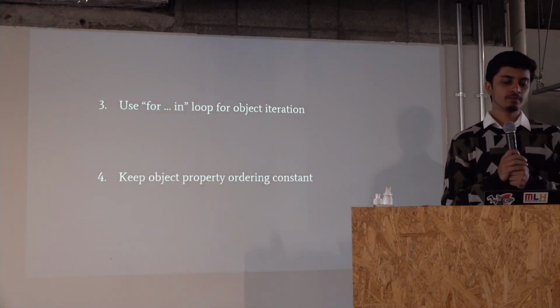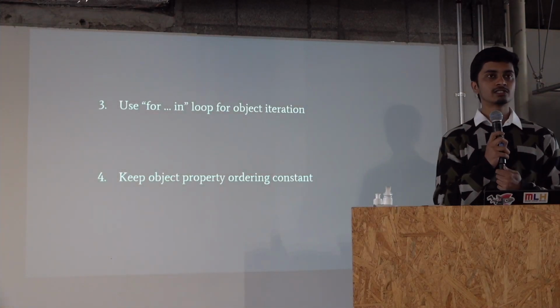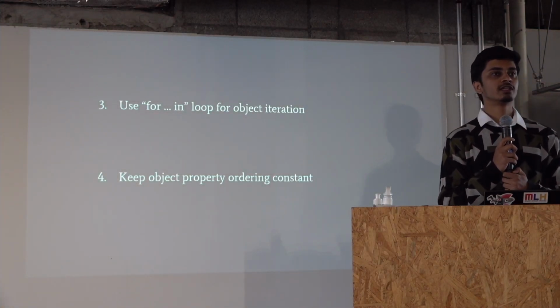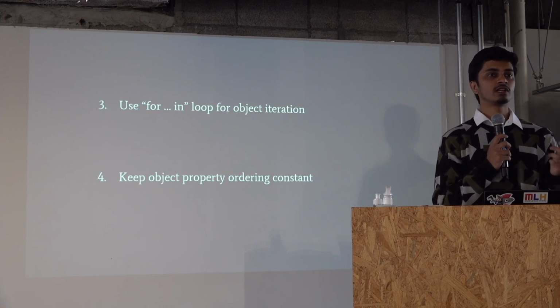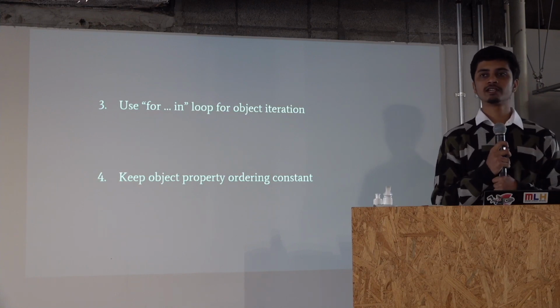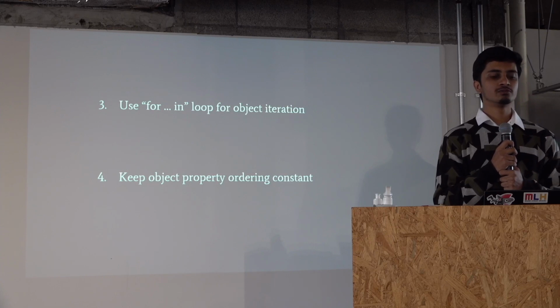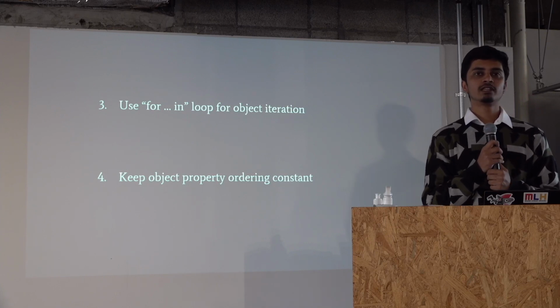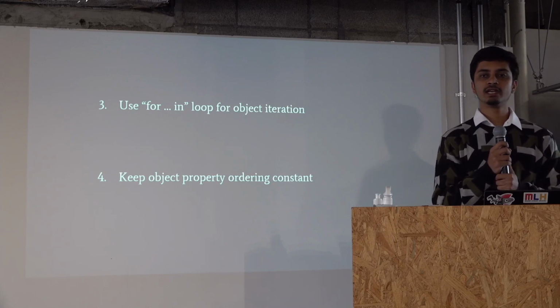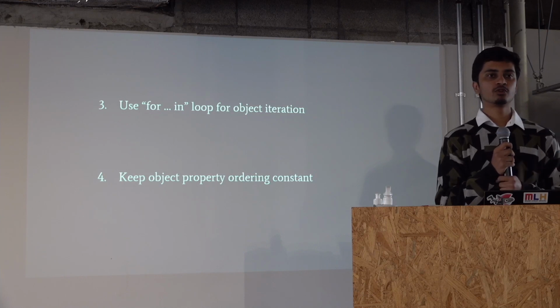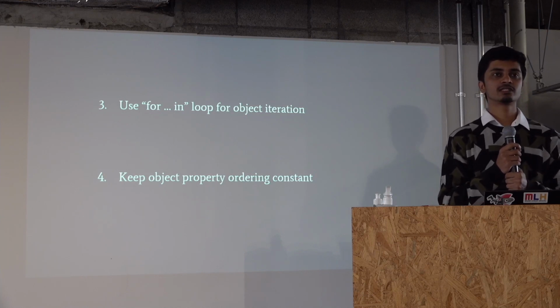And the last two good bits will be the for in loop for the iteration. For the iteration in JavaScript, you could use various ways like the keys method on the object or the for loops. But the for in loop has been seen to be almost 3 times more performant than all the other ones. So for most of the cases, I would suggest that you go with the for in loop.